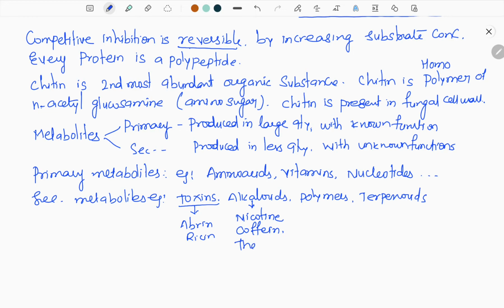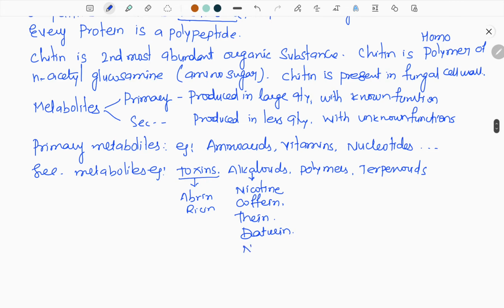Theine is present in tea, caffeine is present in coffee, nicotine is present in Nicotiana tabacum, and daturine is present in Datura metel, that we know. Thorn apple, a member of Solanaceae, and nimbin is present in Azadirachta indica. Nimbidin is also present in Azadirachta indica, that is neem plant, we know that very well.